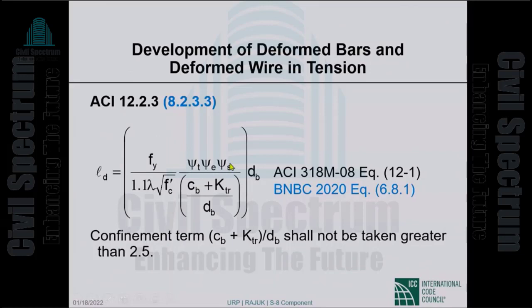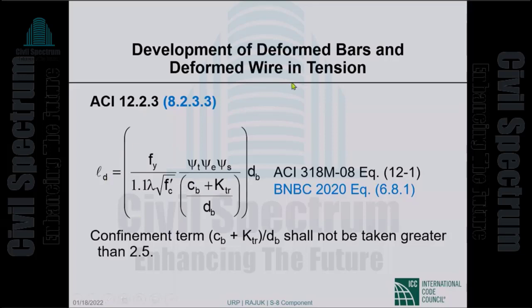Here we have an additional factor, psi sub S, for bar size. That is the bar size factor, and we will look at what all those factors are. And then there is a term that deals with transverse reinforcement, confining reinforcement. The development length may be confined by transverse reinforcement, and that's what this term is about.